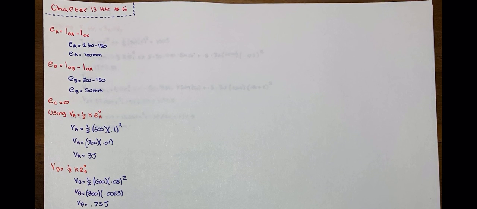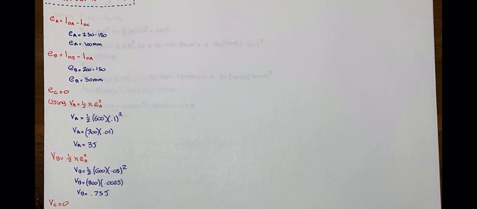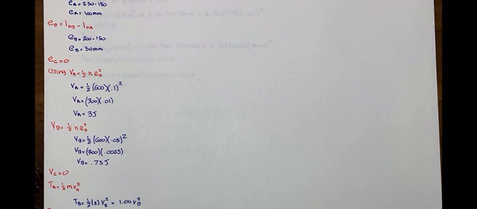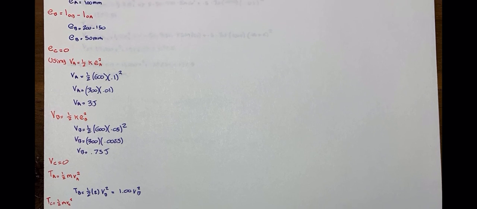So EA is equal to the length at position OA minus the length at position OC. We can just plug in and get EA is equal to 100 millimeters. EB is equal to the length at position B minus the length at position A. Plug in and get EB is 50 millimeters.